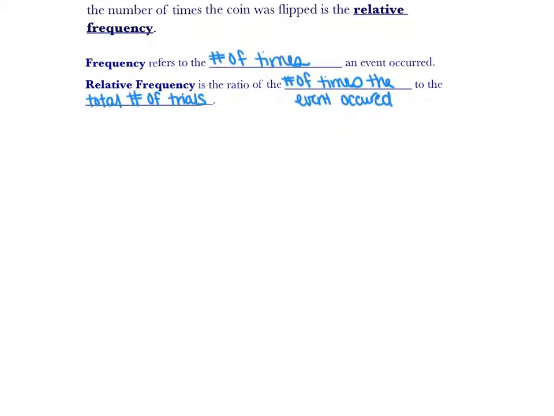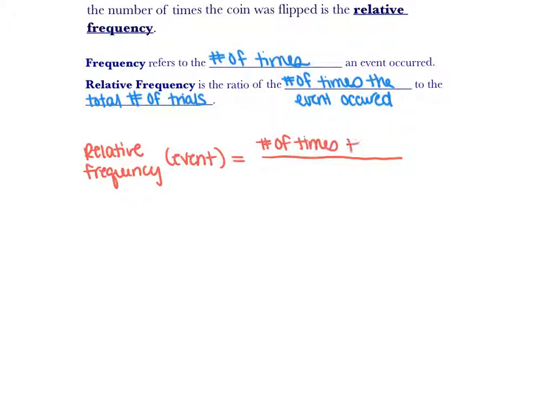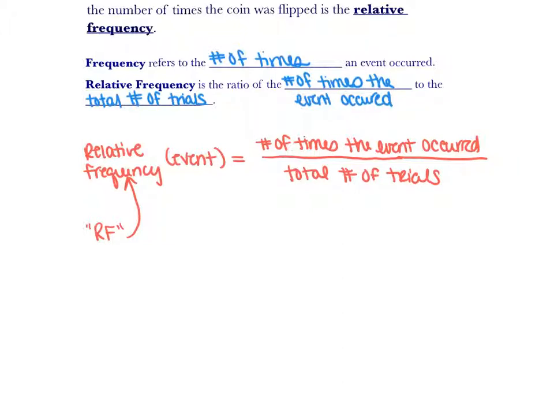So relative frequency of some event is equal to the number of times the event occurred all over the total number of trials. I'll often use RF in order to denote relative frequency.